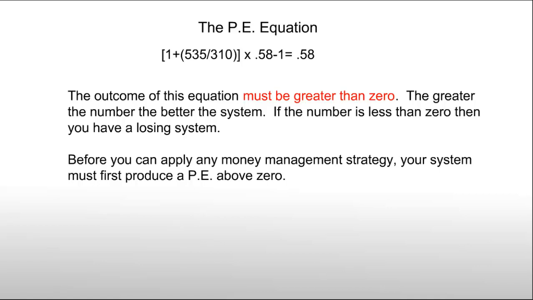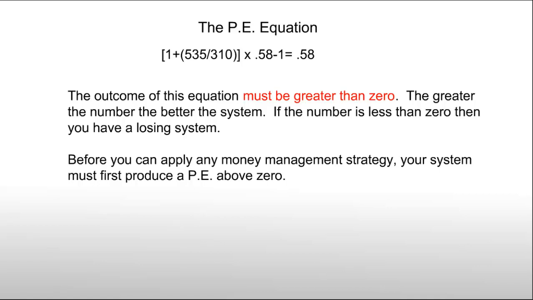The reason that we apply money management, that it must be greater than zero, is because although there is technically a way, no, there's not. I was thinking this over last night as I was reviewing the training material for today, and I thought, is there a way, if we had something that over time lost money, but we were able to increase position size during the winning periods and decrease position size during the losing periods, that we could reverse that and create a profitable trading strategy out of one that produced a negative PE?